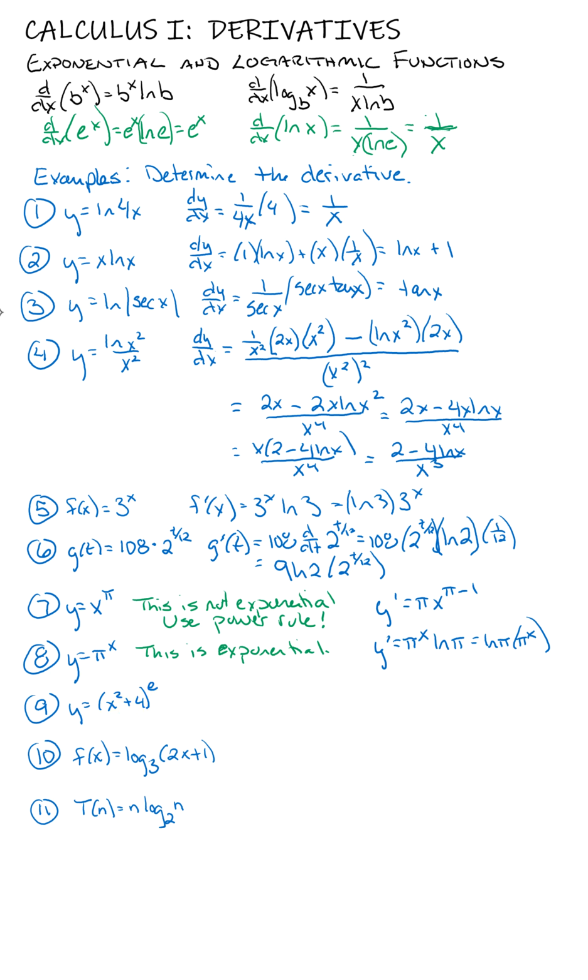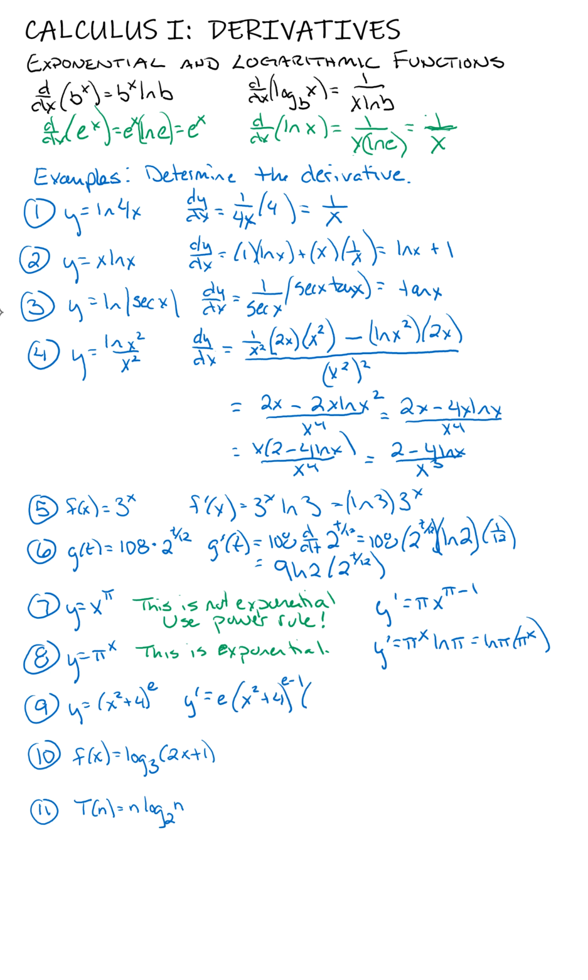So to find the derivative of this, we simply need to use our power rule. And of course, in this case, we'll use the chain rule as well. So our power rule says we'll take e times x squared plus 4 raised to the e minus 1. And now the chain rule says we're going to take the derivative of the inside.